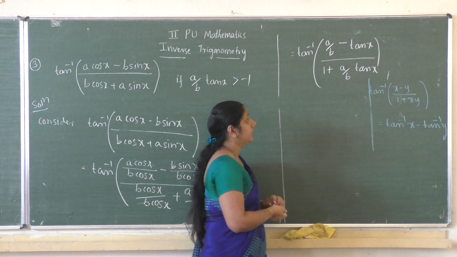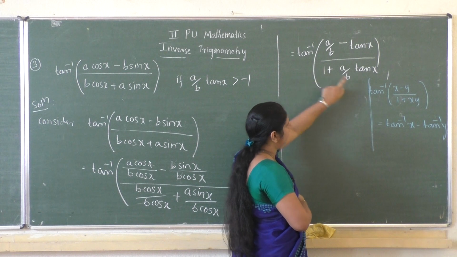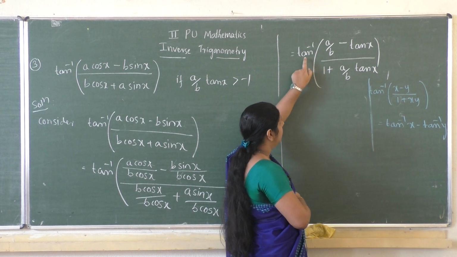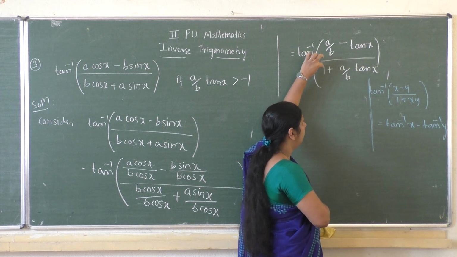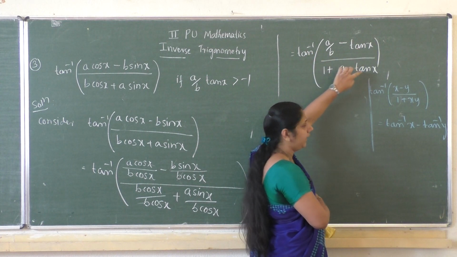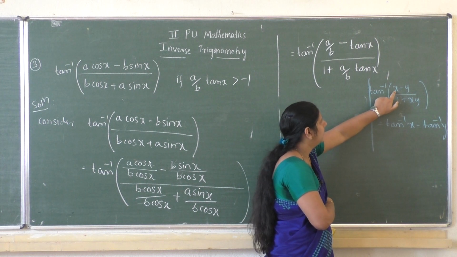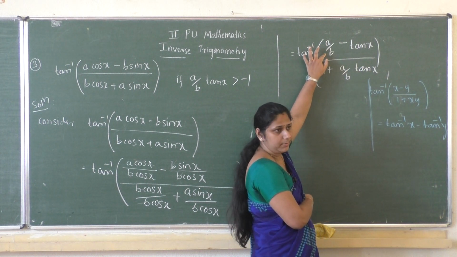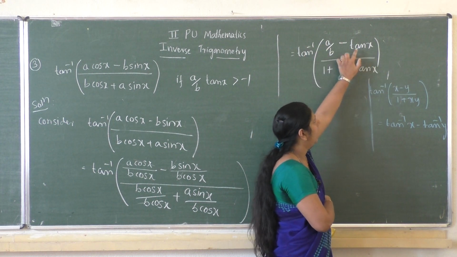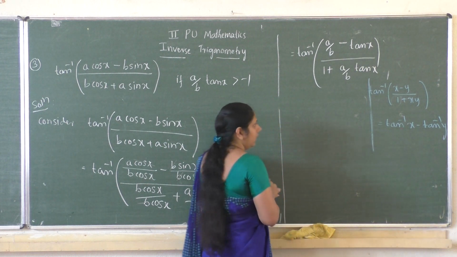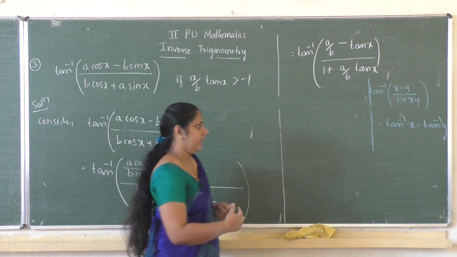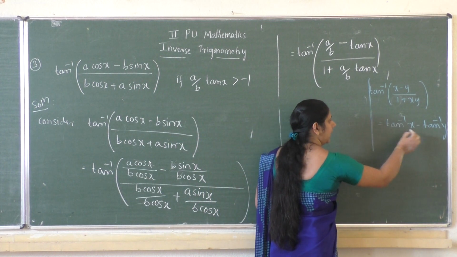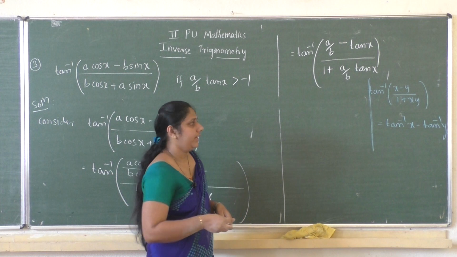Now see, compare this term with the formula. It is tan inverse of (a by b minus tan x) divided by (1 plus a by b into tan x). So here in the place of x we have a by b, in the place of y we have tan x. So tan inverse of (x minus y) by (1 plus xy) can be written as tan inverse x minus tan inverse y, right?